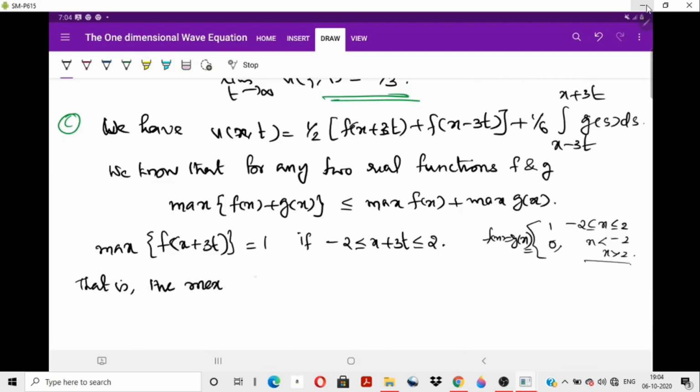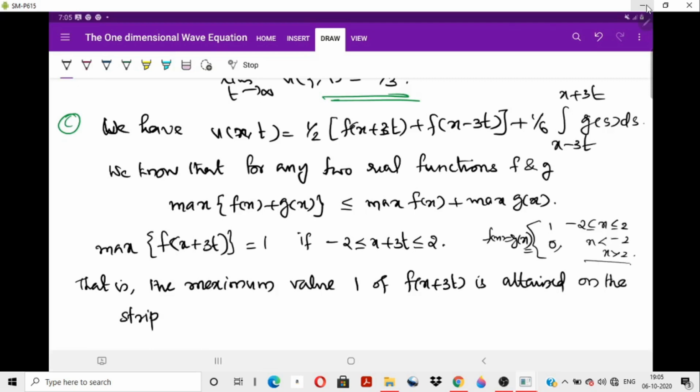The maximum value 1 of f of x plus 3t is attained on the strip. Which strip? That is minus 2 less than or equal to x plus 3t.